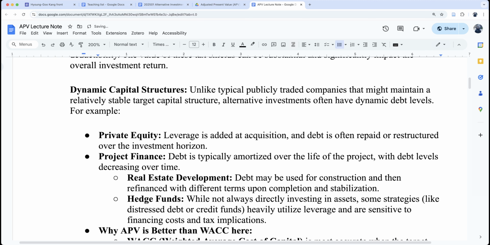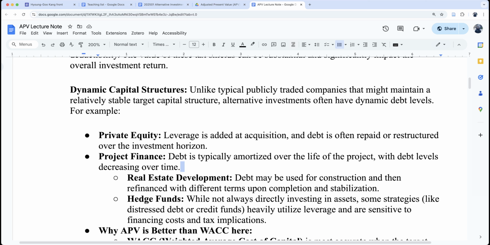Next, project finance. Debt is typically amortized over the life of the project, with the debt level decreasing over time. In project finance, by definition, debt is dynamic. It is not stable. It decreases over time. Therefore, we have to take that into account in valuation. So in that case, we have to use APV.